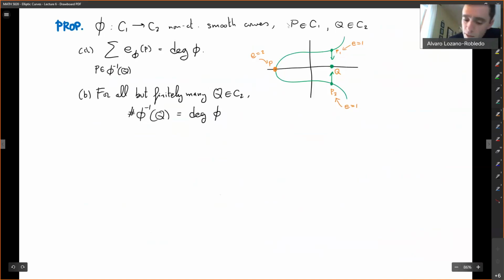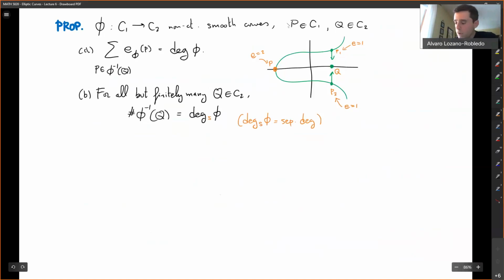Actually, it is the separable degree of phi. Remember that if we are working over fields of characteristic p, we might have separability issues in the extensions. So this is the separable degree of the extension of function fields.